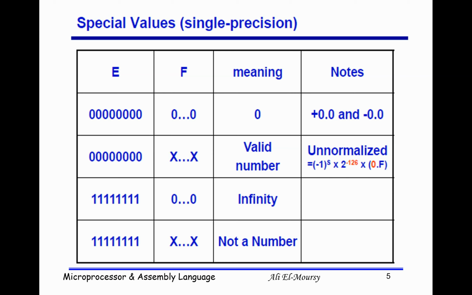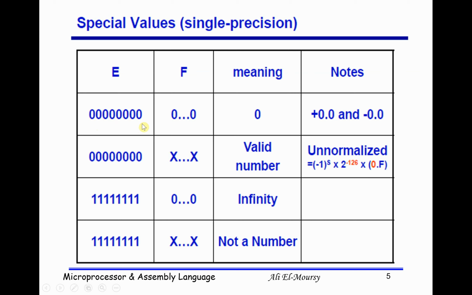In the integer there is no reservation of anything, so each combination represents a unique number. However, for the single precision, some combinations are reserved. This table gives us a summary of those reserved numbers.